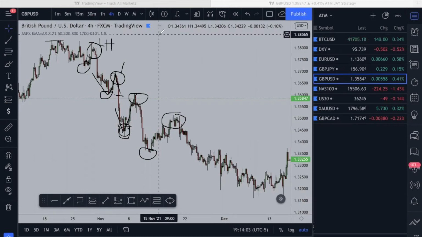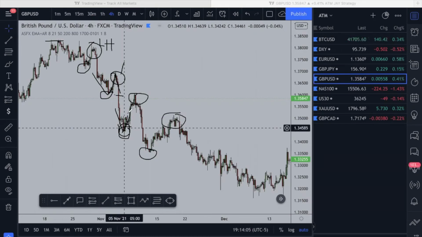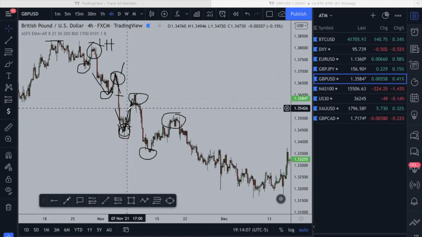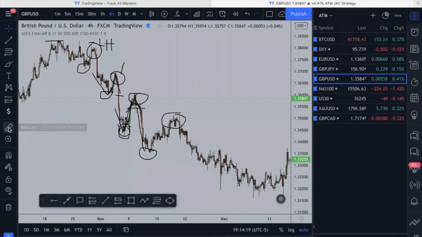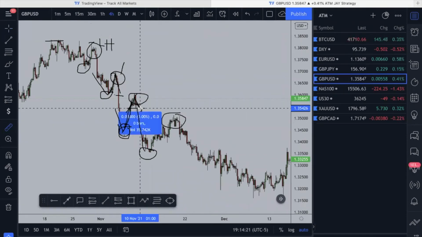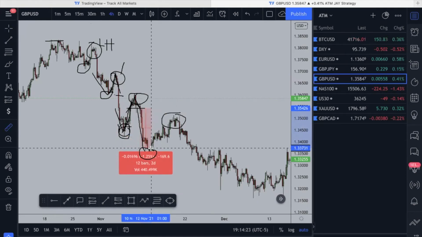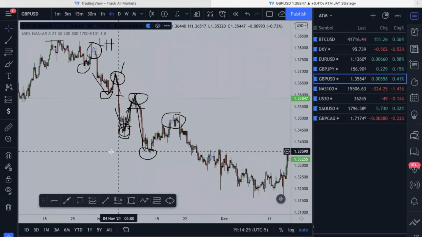So this is potentially a lower high that's forming. So you see the market come up, and the market looks like it's starting to sell. This could be your entry reason. And you could sell, you would have made probably over 100 pips just from that.